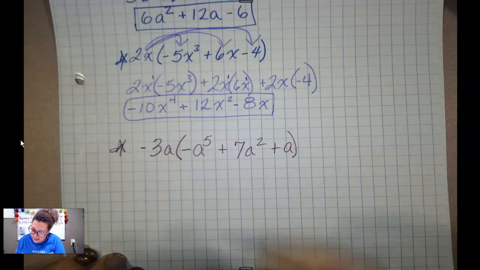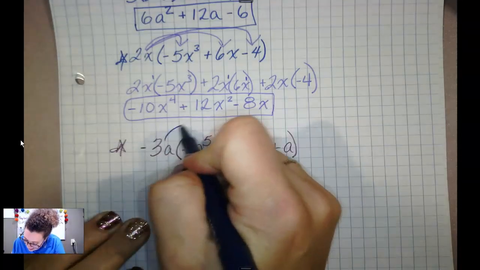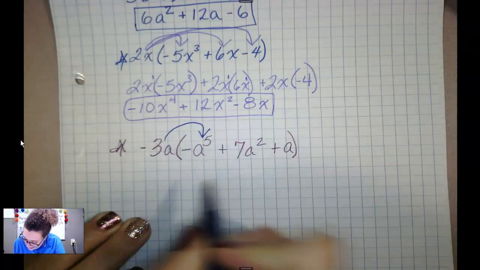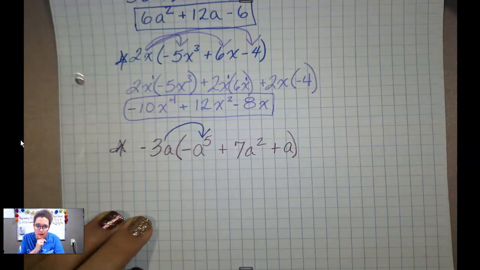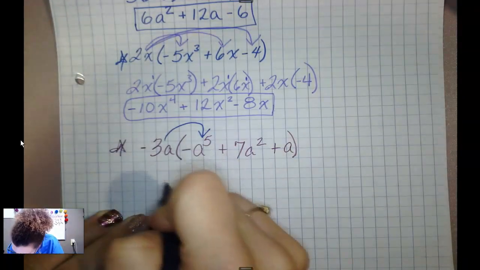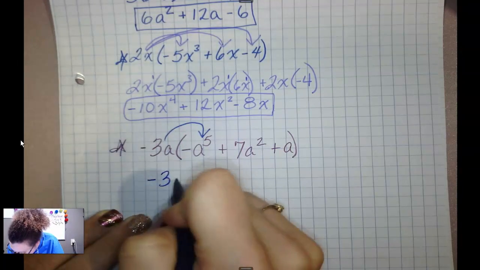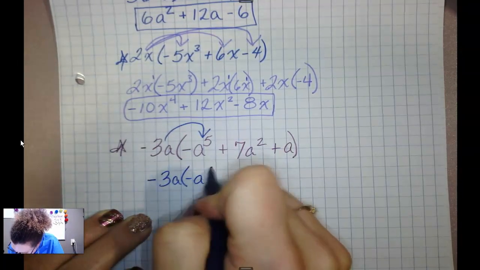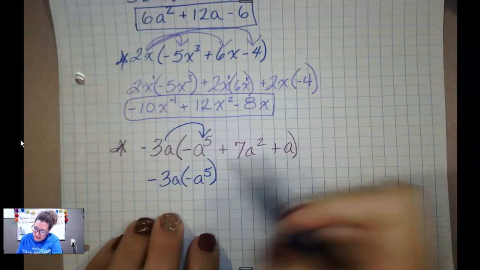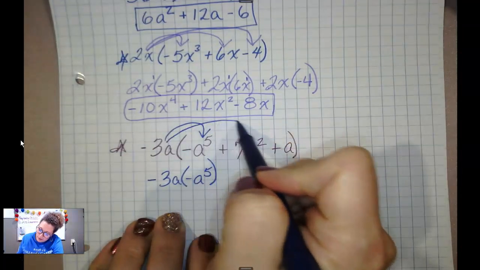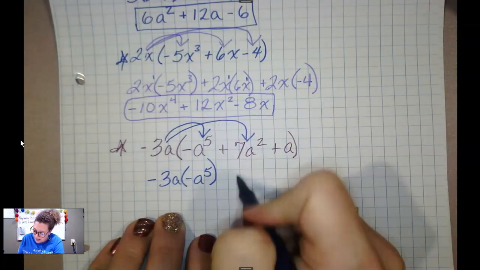So I am going to take negative 3a and distribute it to negative a to the 5th power. Excuse me, negative 3a times negative a to the 5th power. Then I'm going to take negative 3a and distribute it to 7a squared.